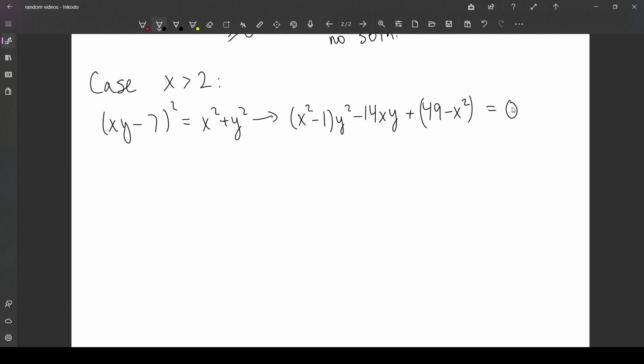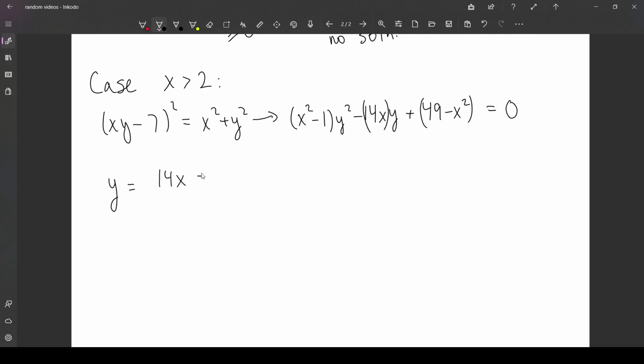And so this is basically a quadratic, and I've written this in terms of y. And so what we're going to do is use the quadratic formula. So with the quadratic formula, we know that we can basically write the solution for y in terms of x.